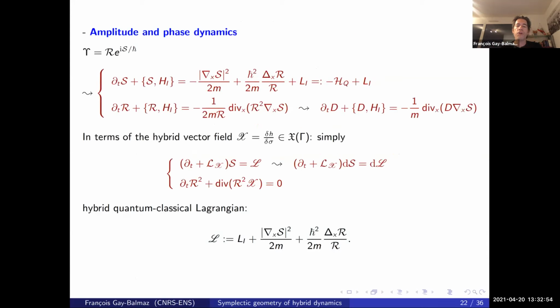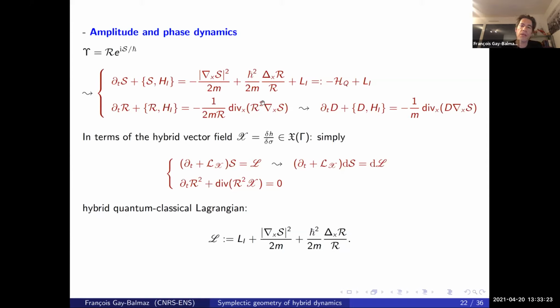So again, here I'm just rewriting this in terms of amplitude and phase dynamics for the hybrid wave function. So we recognize here terms which recall for you the phase part that already appears in the KVH classical description, and the new part that also appears in the ordinary quantum Hamilton-Jacobi equation.